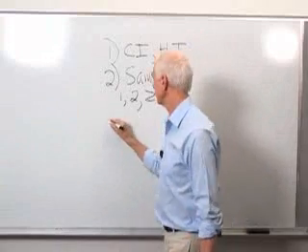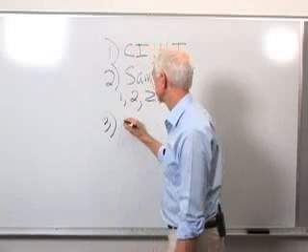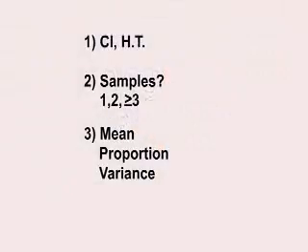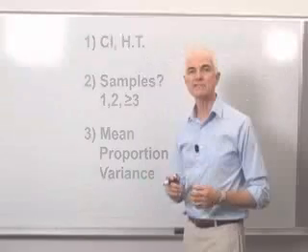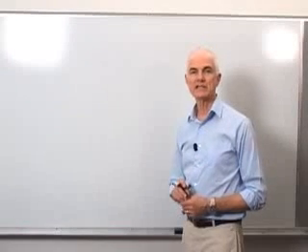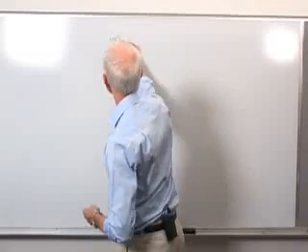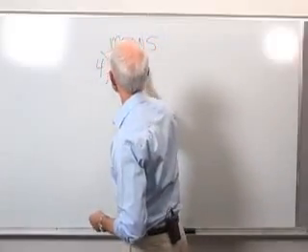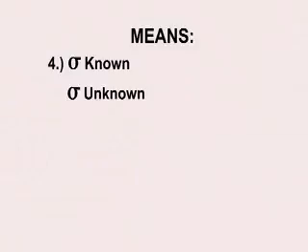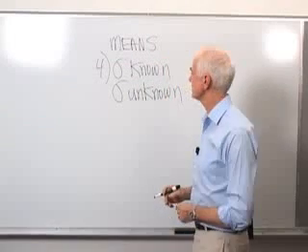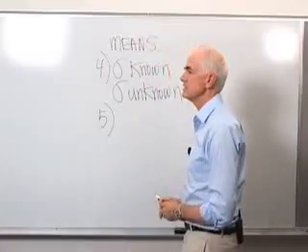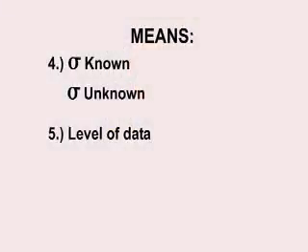And another critical question that we ask ourselves in constructing this tree is, are we estimating or testing a mean, a proportion, or a variance? And if we are estimating means or conducting hypothesis tests about means, then we need to ask 2 more questions. The first question is sigma known, which usually results in a z-statistic, or is sigma unknown, in which case we use the sample standard deviation and we probably will be doing a t-statistic. And the other question, if we're estimating means or testing means, is what level of data do we have?